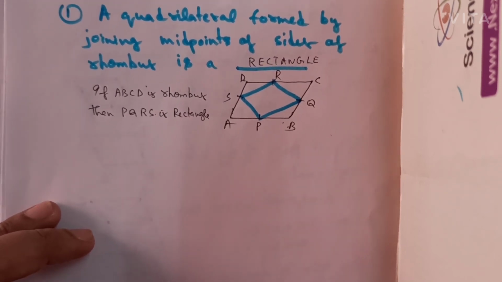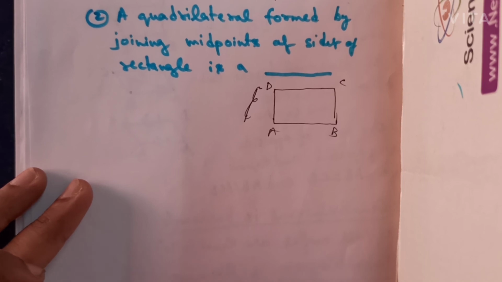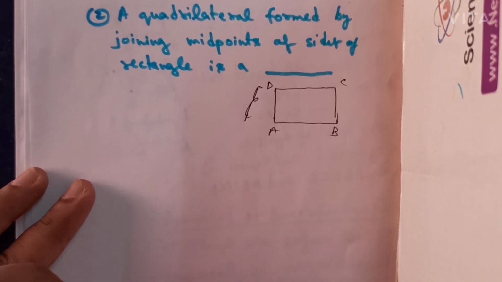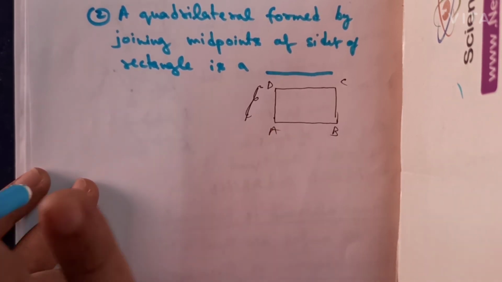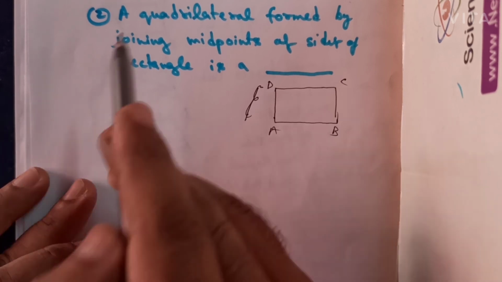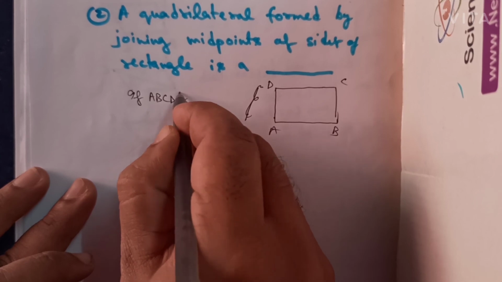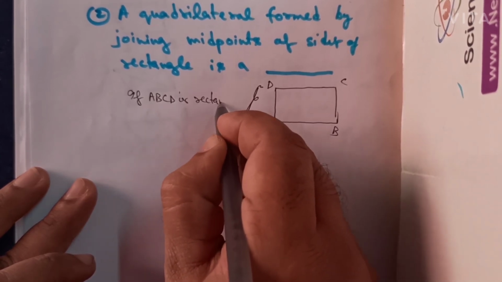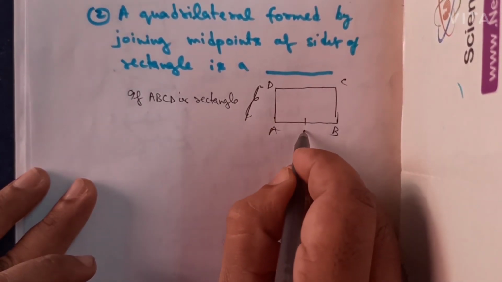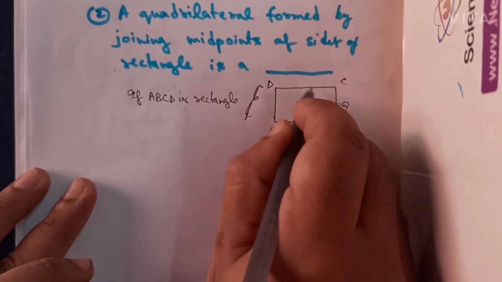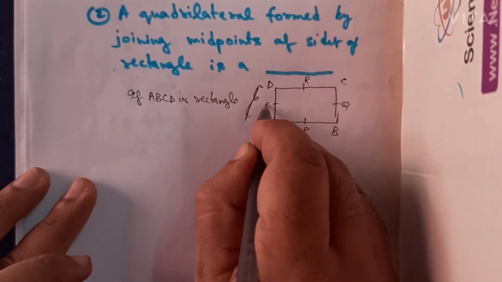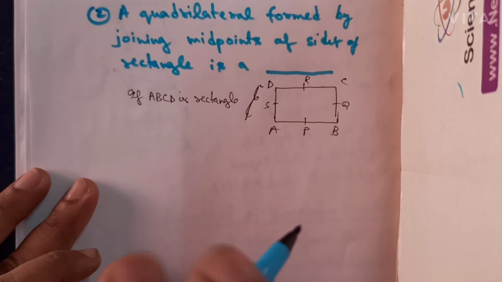Okay. Now similarly, a quadrilateral formed by joining the midpoints of sides of a rectangle. Now ABCD is a rectangle. If ABCD is a rectangle, then PQRS are the midpoints of the sides AB, BC, CD and DA.